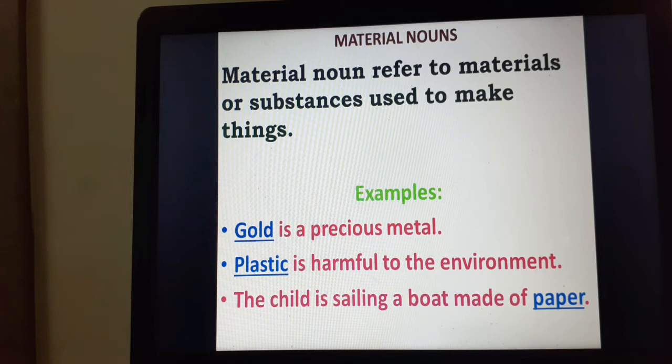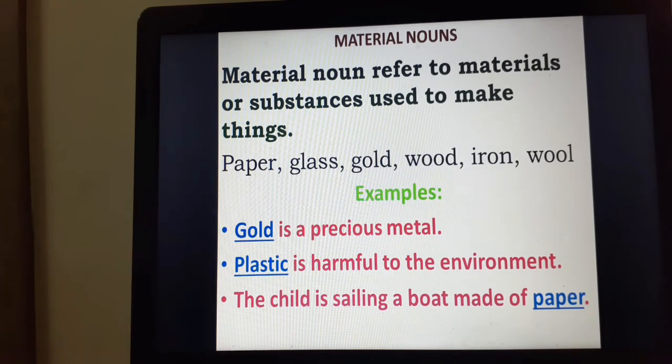Here, gold, plastic and paper are material nouns. As you can see in the third sentence, what is the boat made up of? The boat is made up of paper. Let's see some more material nouns. Paper, glass, gold, wood, iron, wool.